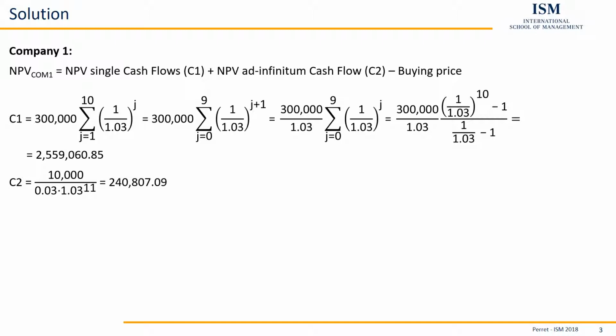Then I can just add up these two net present values, subtract the buying price of 1.5 million, giving me an overall net present value of this first company of 1,299,867.94. So that's the first part.